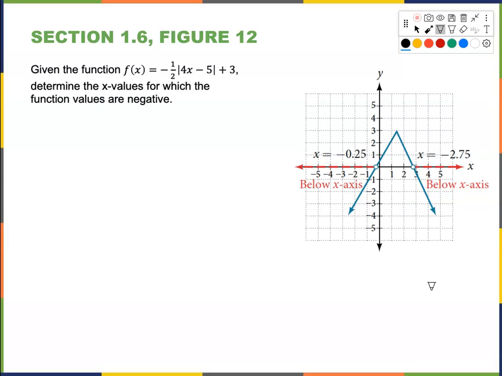Next one. Given a function f of x equal to negative 1/2 absolute value of 4x minus 5 plus 3, determine the x values for which the function values are negative.